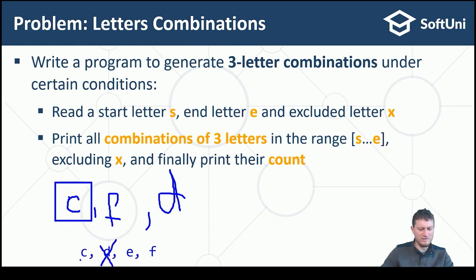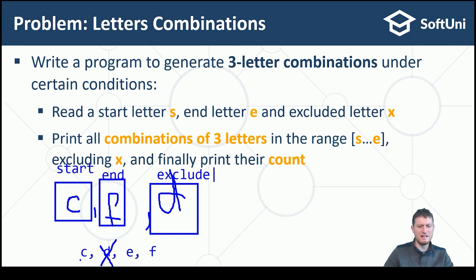So this is the start letter, this is the end letter, and this D is the excluded letter. And we have the letters C, E, F, and we want to have 3 letter combinations.